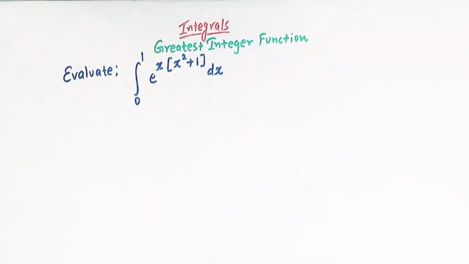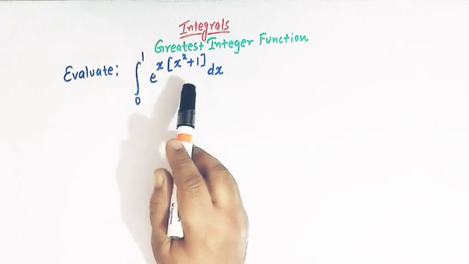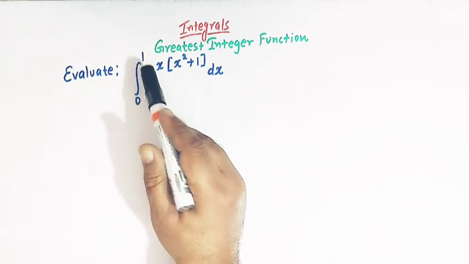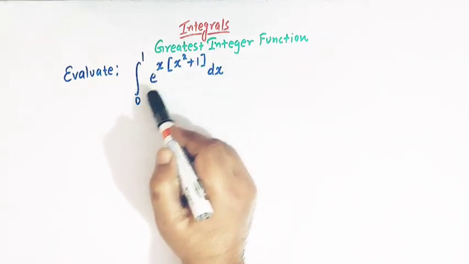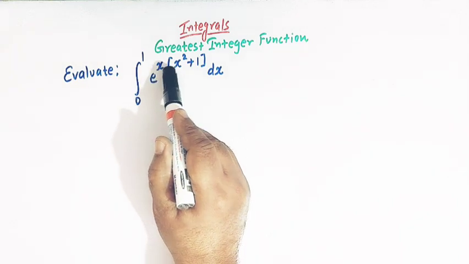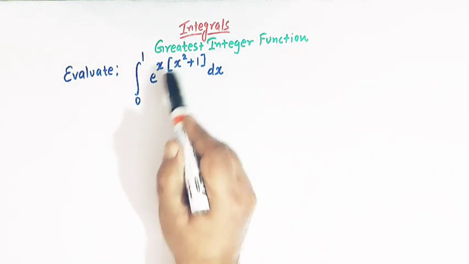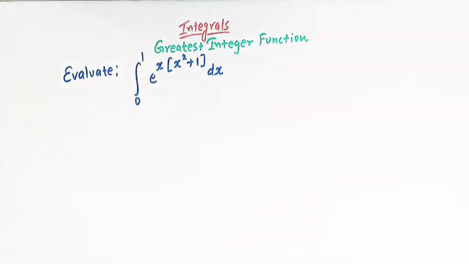Hello viewers, in today's class we are going to discuss an important problem from definite integrals involving the greatest integer function. In this class we are going to solve this integral from 0 to 1, and the integrand is e raised to x times greatest integer of x square plus 1.